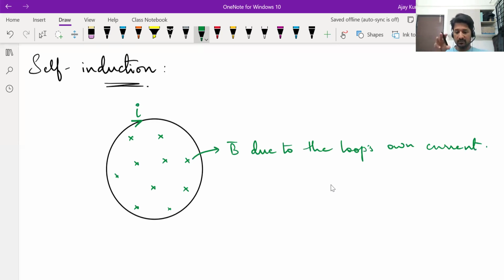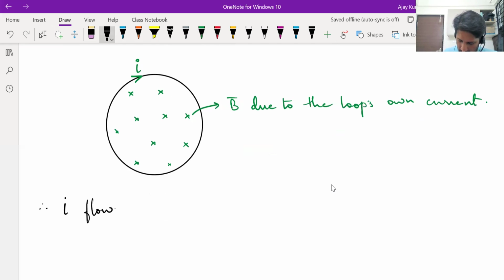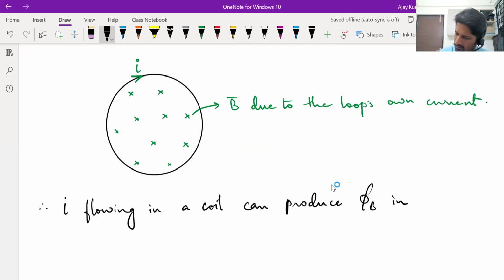right? And if there is a field passing through the loop, it means there is a flux passing through this loop. So the own current of a loop or a coil can give rise to a flux in that coil. Therefore, current flowing in a coil can produce magnetic flux in that coil.